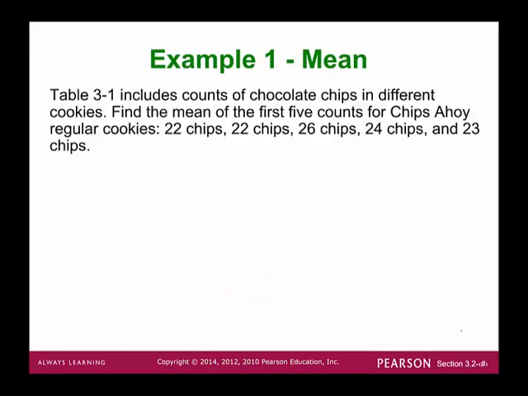Now let's take a look at this. Table 3.1 includes counts of chocolate chips in different cookies. Find the mean of the first 5 counts of chips. Cookies: 22 chips, 22 chips, 26, 24, and 23. So in order to find the mean, we do x bar, right, equals summation of x divided by sample size. Summation of x indicates you add up all those data values.